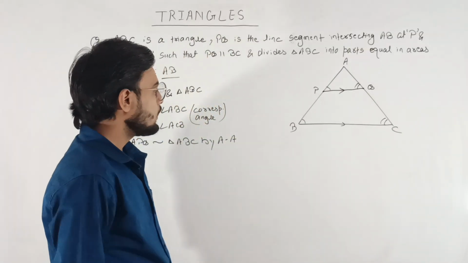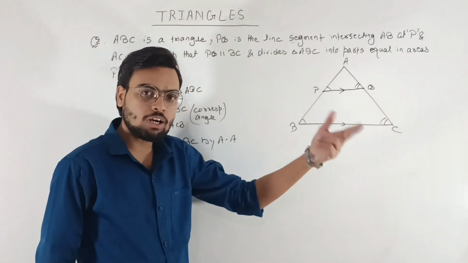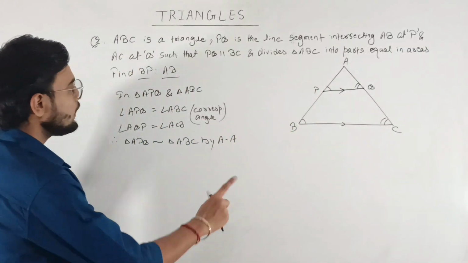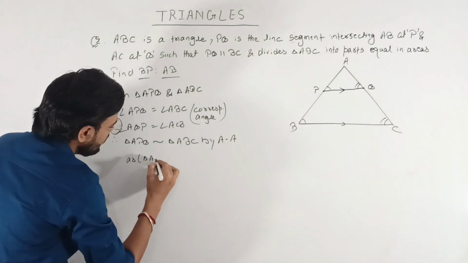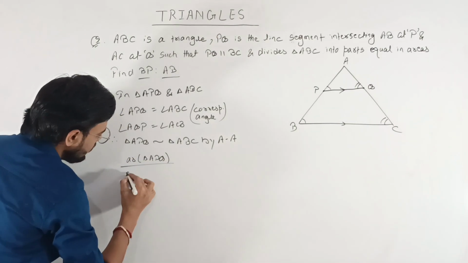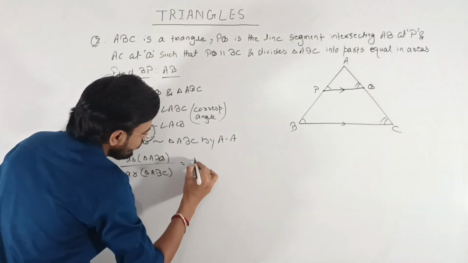And second, the area of the small triangle upon the area of the bigger triangle is equal to half, which we saw in the previous question. Area of triangle APQ upon area of triangle ABC is equal to half.